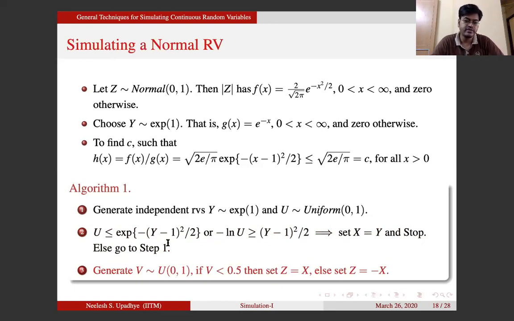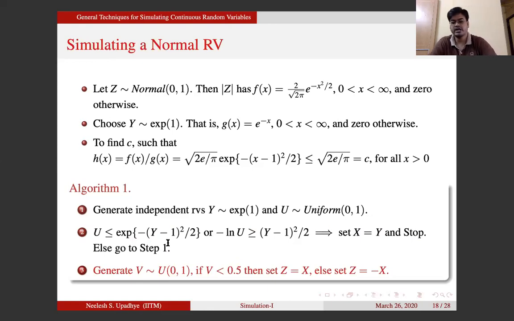If this random variable gives a value less than 0.5, then I will set the normal random variable to be equal to X. If the value is greater than or equal to 0.5, I will set it to be minus X. So both positive and negative are equally likely. The distribution given by this particular procedure is naturally a normal distribution with mean 0 and variance 1.